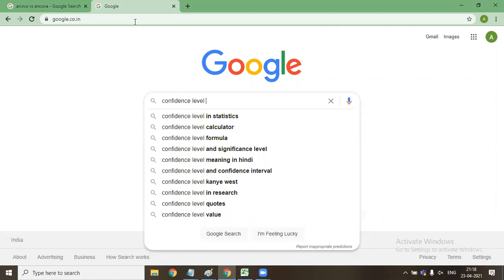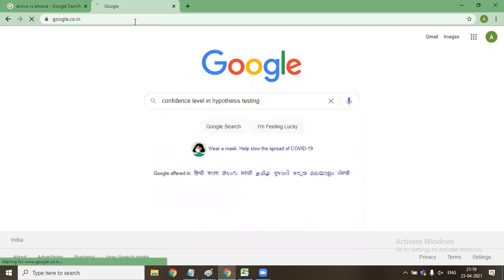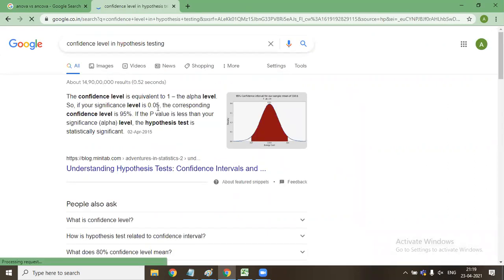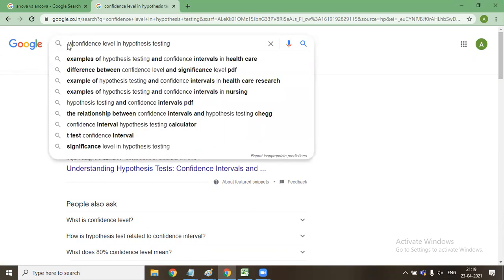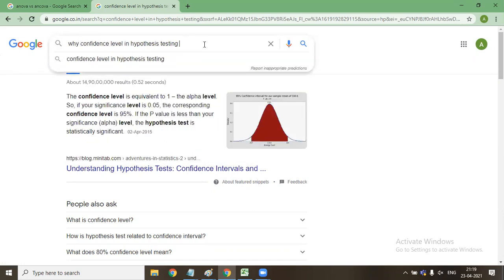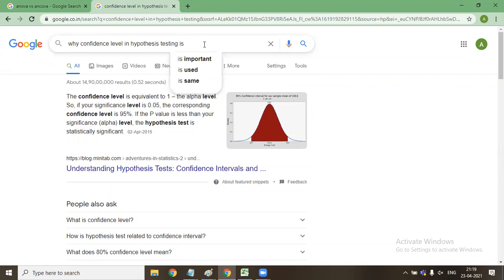Okay. So the confidence level in hypothesis testing: the confidence level is 1 minus alpha, where alpha is the significance level, 0.05. The confidence level, the p value, everywhere you will see hypothesis testing is at 95%.